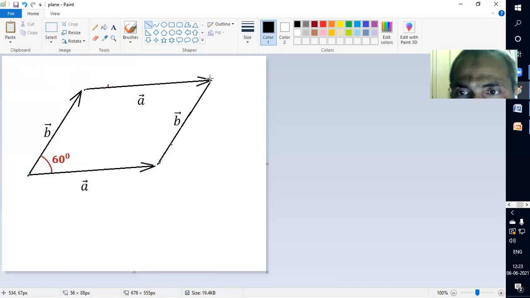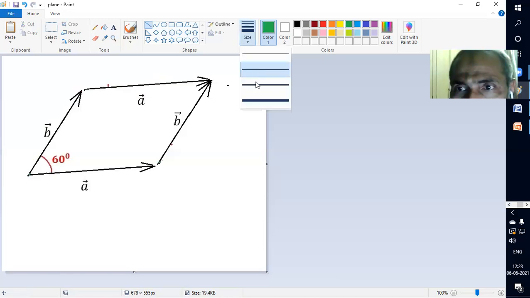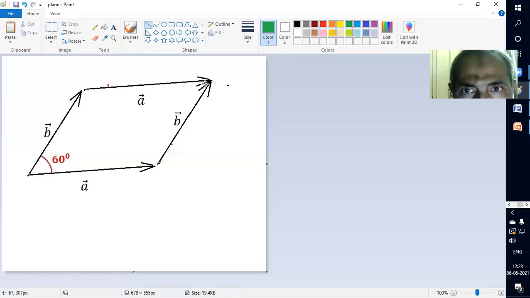This is vector B. Now, if you want to add these two vectors, A and B, the summation will come something like this. This green colored arrow you are seeing here indicates the sum of vector A and B.